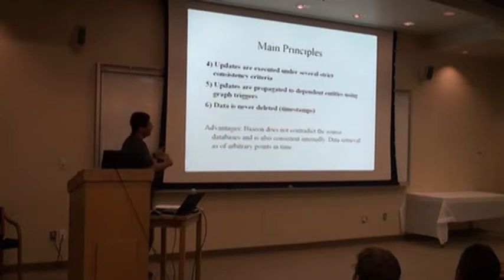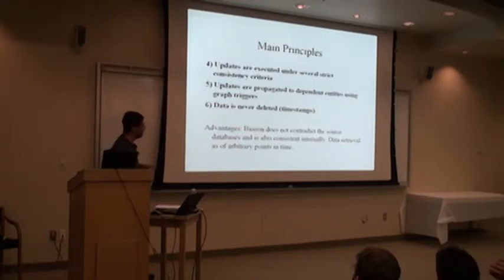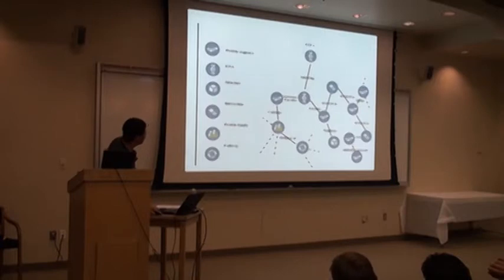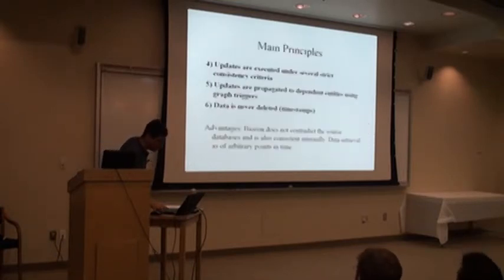So there are graph triggers that check the validity of all those relations or other types of metadata that was computed from the original entity. If we're going back to that graph, if we make any change here, we also reassess the other relations to make sure they're still valid. Even if the original database that we updated didn't say anything about those relations, we have to make sure they are still consistent internally.